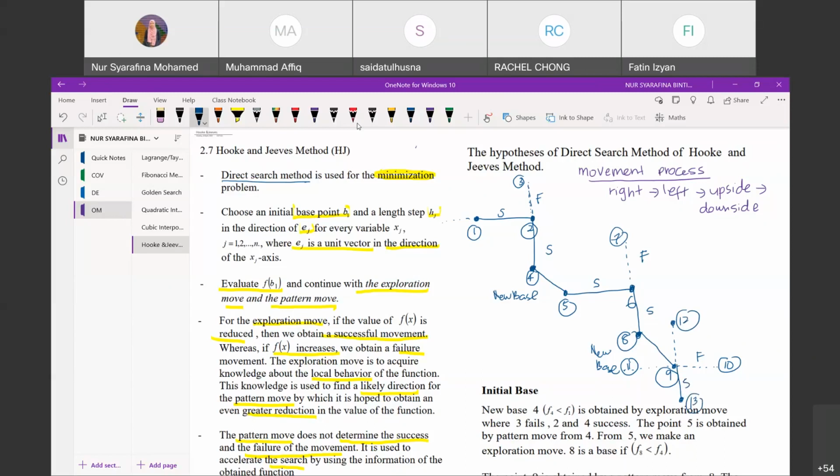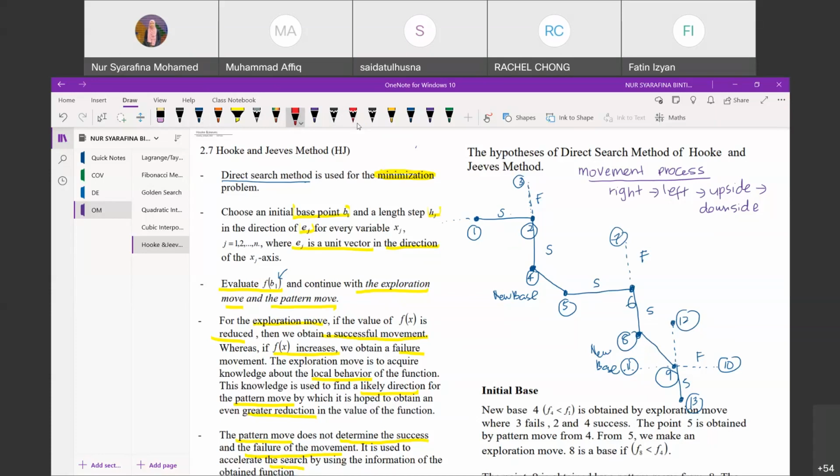This success or failure should be determined by the value of f. It is not always like this pattern. The success and failure here is decided by the function value. So how does it move actually?